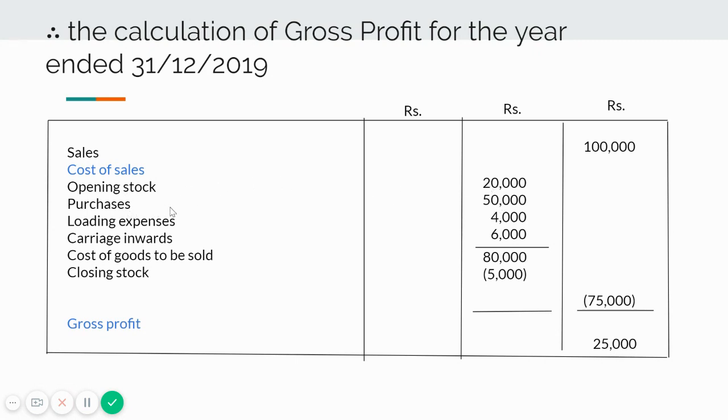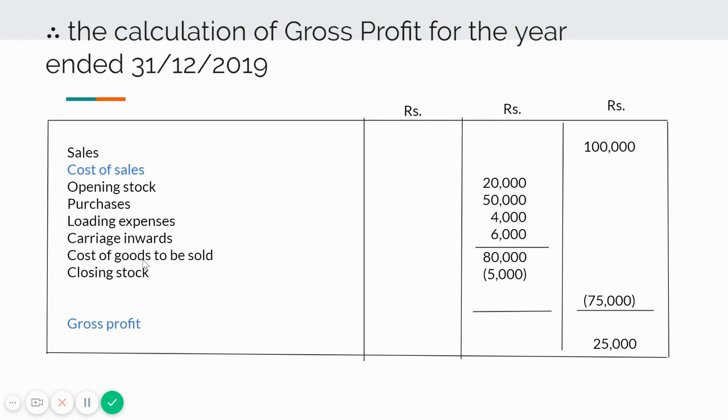The total purchases will be 50,000 during the period. Loading expenses 4,000. Carriage inwards 6,000. And thereby, when you add all these figures together, you will end up with 80,000 rupees, which is known as the cost of goods to be sold.